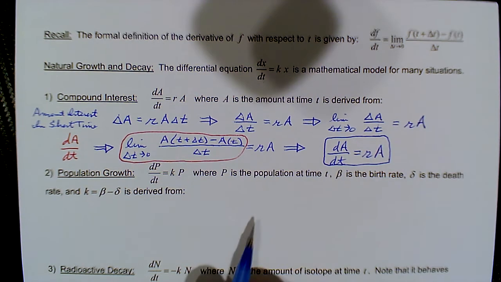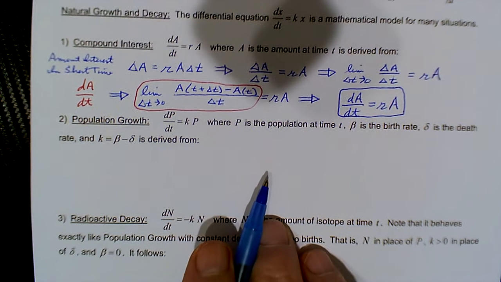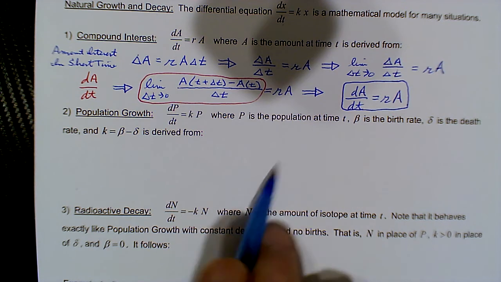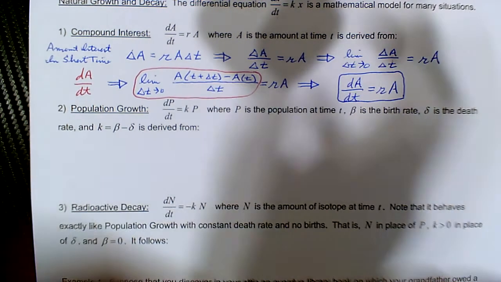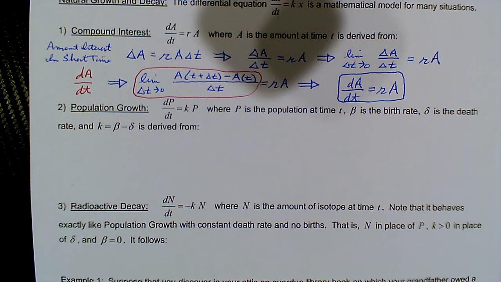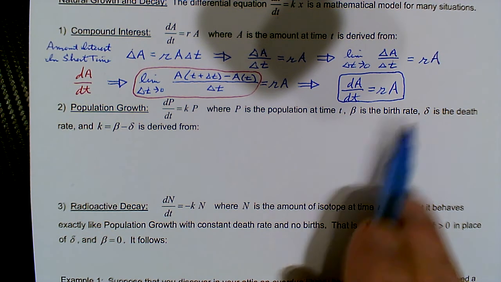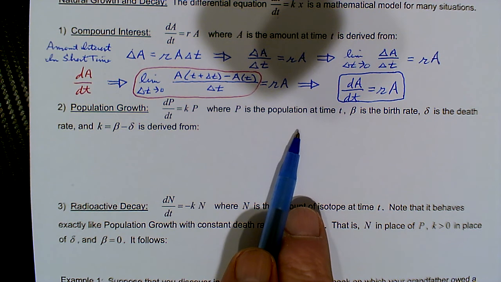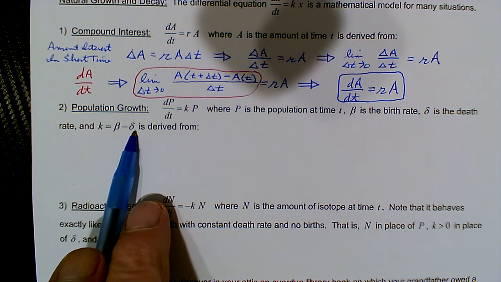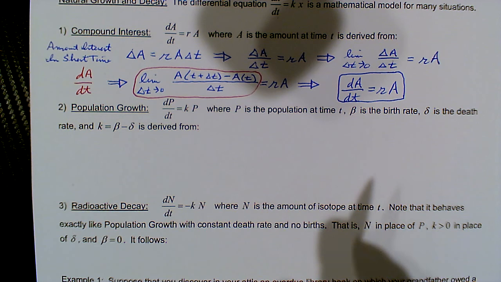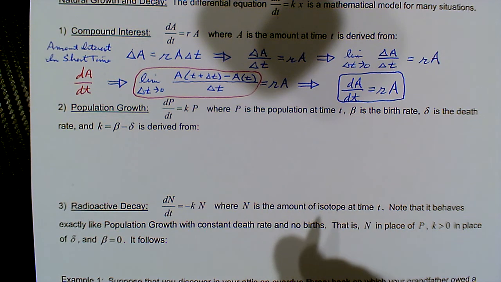Okay, so similar situation for population growth. If we take P to be the population, lowercase beta the birth rate, and lowercase delta the death rate, and we consider k to be the difference between the birth and death rates, then that formula is derived by considering the following.